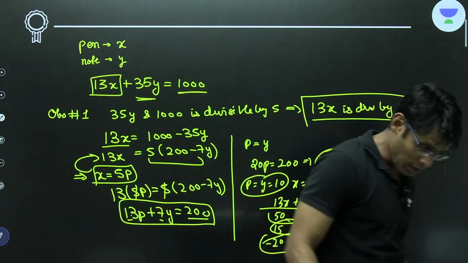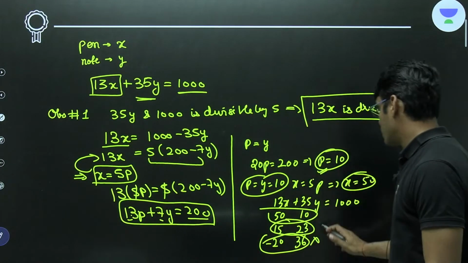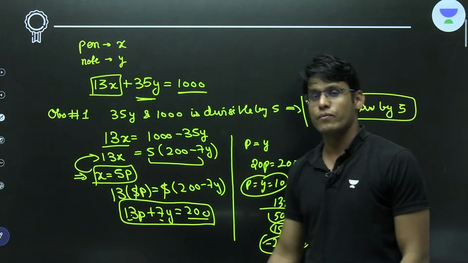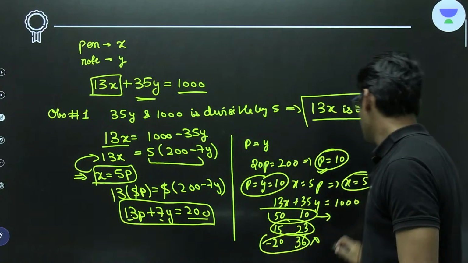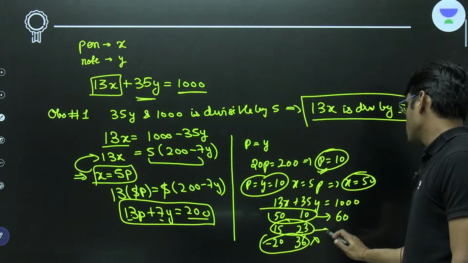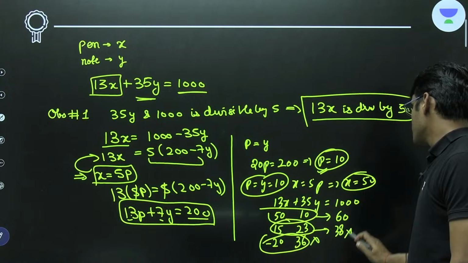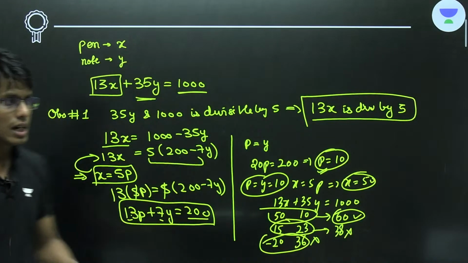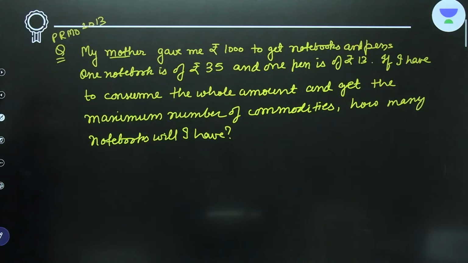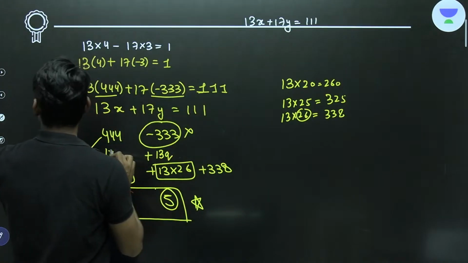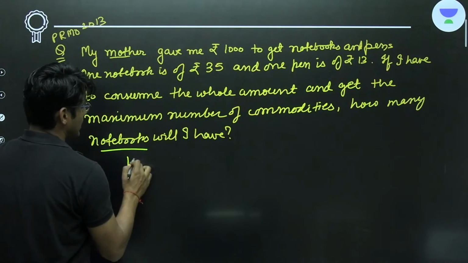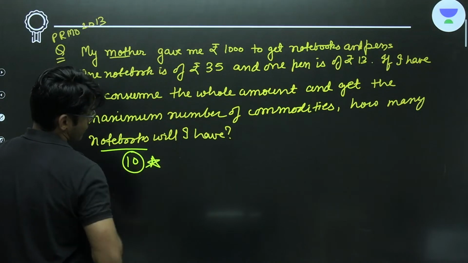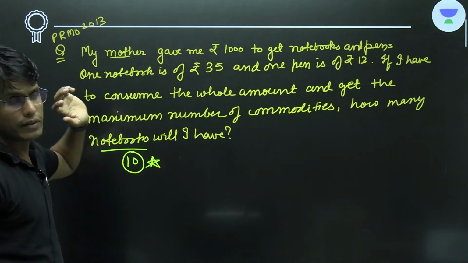Okay. But it was given that the number of commodities has to be maximum. So you have 60 commodities here, you have 38 commodities here. This is rejected, this is accepted. And what is asked then? What is the original ask in the question? The original ask is, how many notebooks will I have? So I will have 10 notebooks. Right?